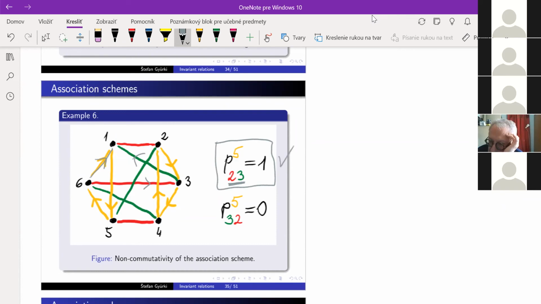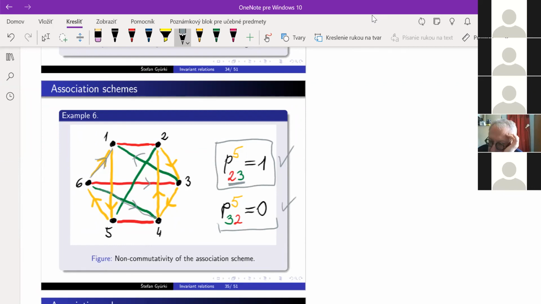So I can check that this constant is equal to 1. And if I am counting the structure constant P3 2 5, then first I would like to go out from the vertex 6 along the green dart. So this is the only possibility, but from vertex number 4, there is no dart going to 1 in red color, so this constant will be 0.